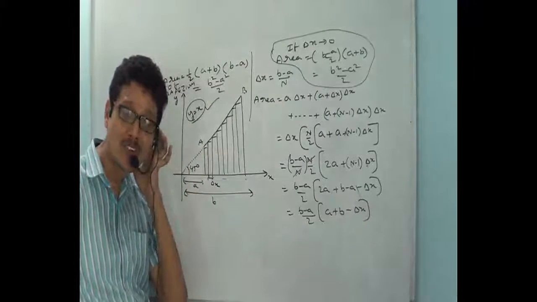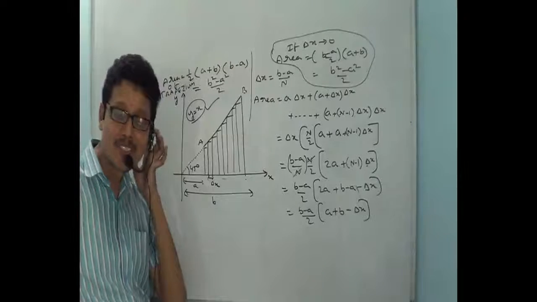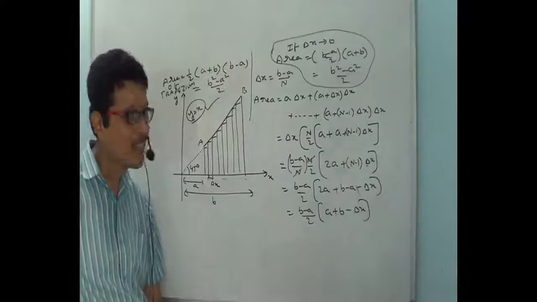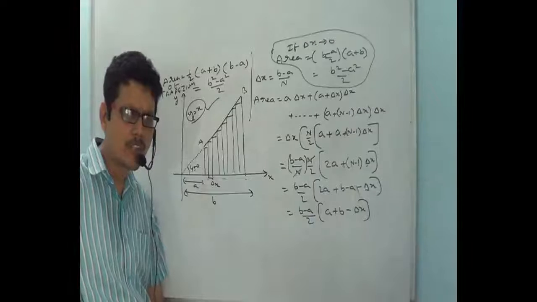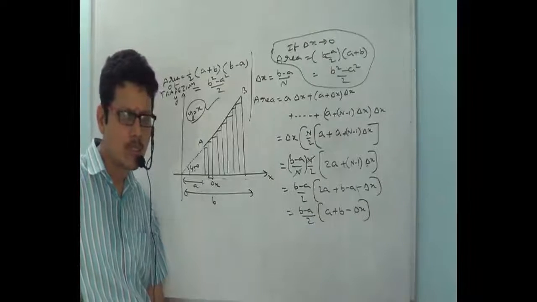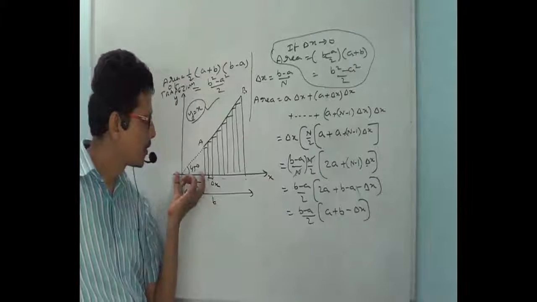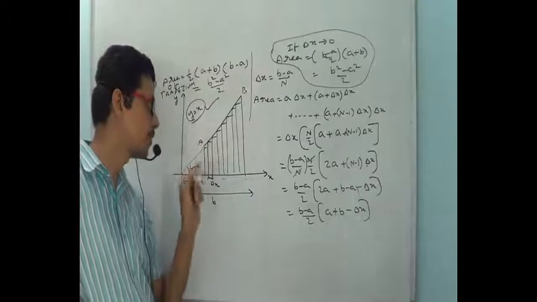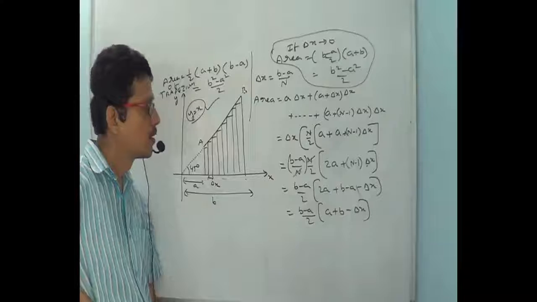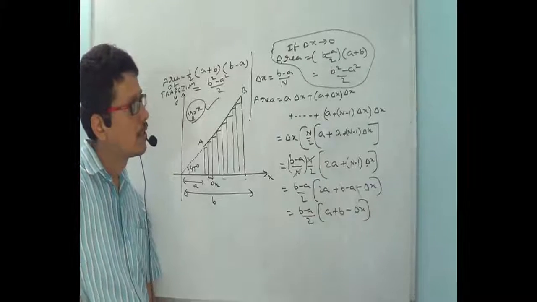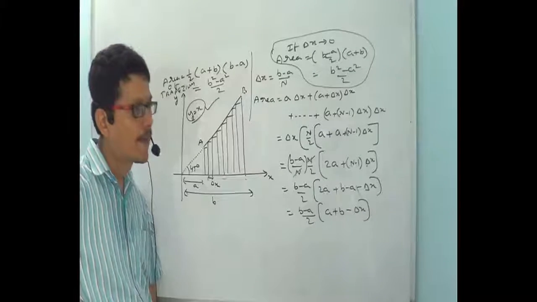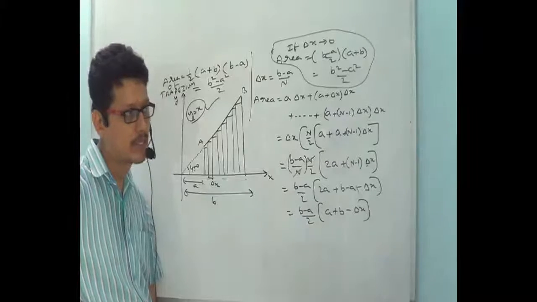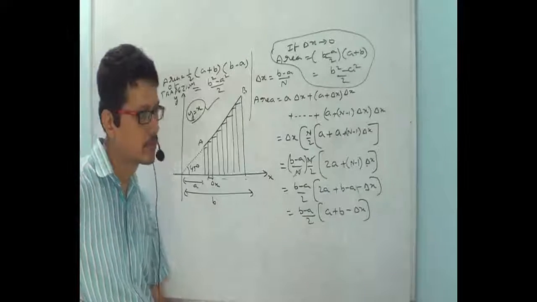I took the function y is equal to x for ease. If this is a, this is also a. If this is a plus delta x, height is also a plus delta x. I need to prove my assumption, right? That's why I have taken this.